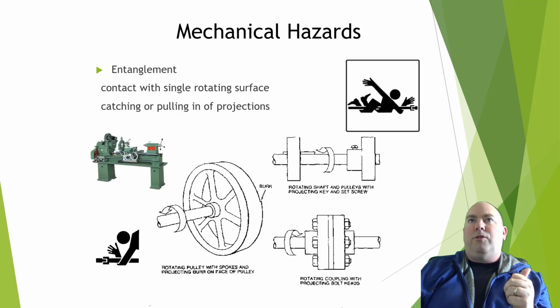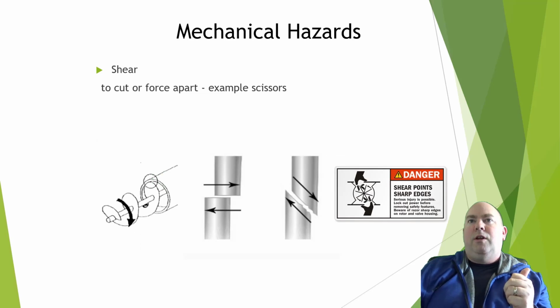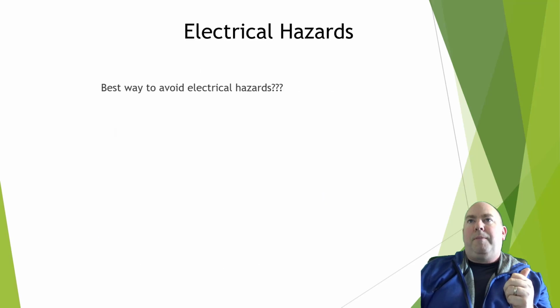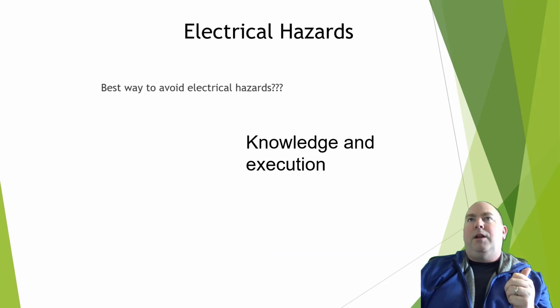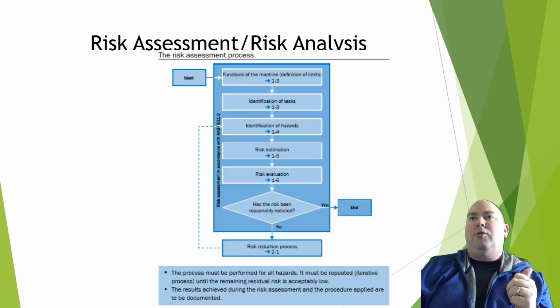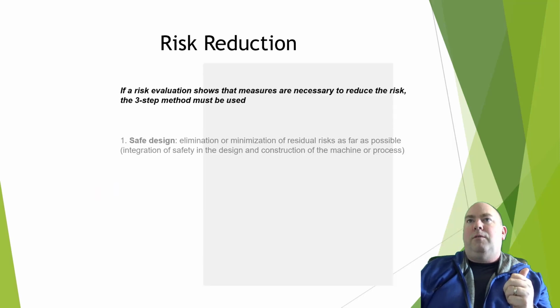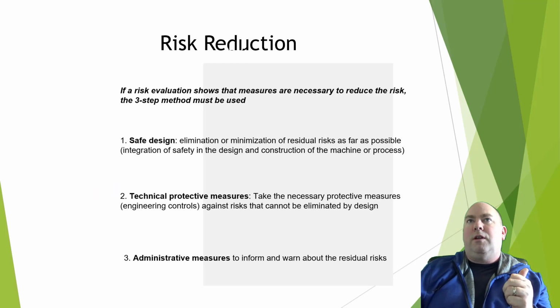All the different symbols for different types of hazards. Know those symbols. Then we got into risk assessment, how to perform a risk assessment. There's a lot of different charts that we used for this. That one there, the risk estimation chart.